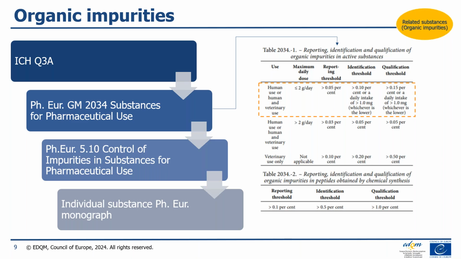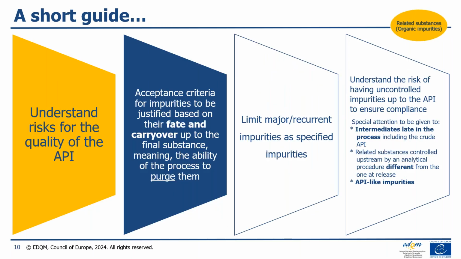In this case, it's below 2 grams per day, so we will use the one highlighted in orange on the side of the slide. There is also the general chapter 5.10 on the control of impurities in substances for pharmaceutical use, and of course the individual monograph for the substance. Next slide.